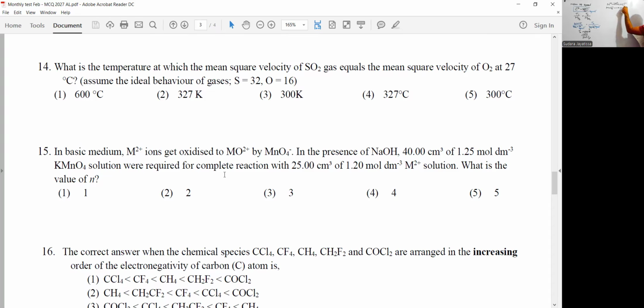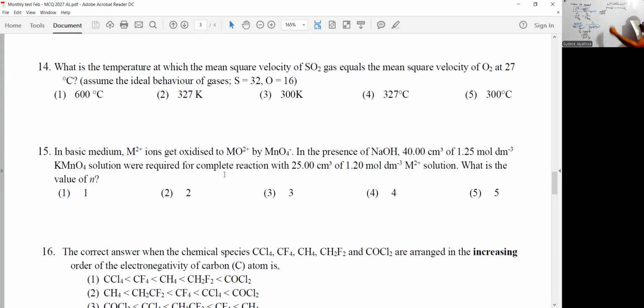However, when we are balancing redox reactions, you know this, and in D block you will properly learn this. So this is what happens. And they have given the KMnO4 volume and concentration, 40 centimeter cube, 1.25 mole per decimeter cube.